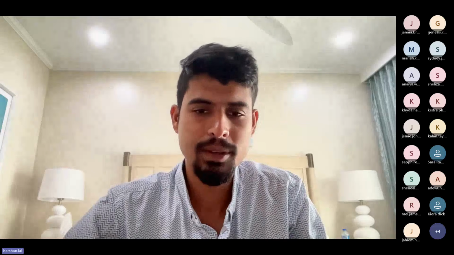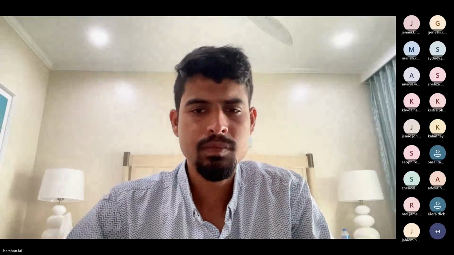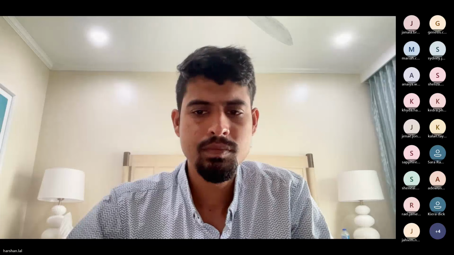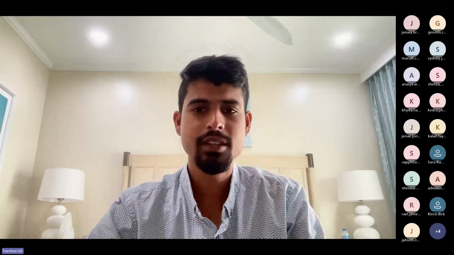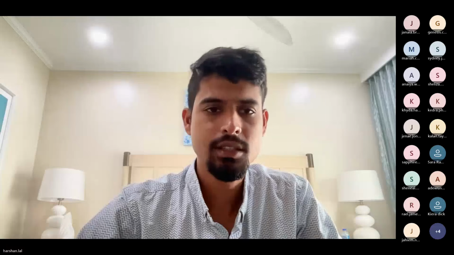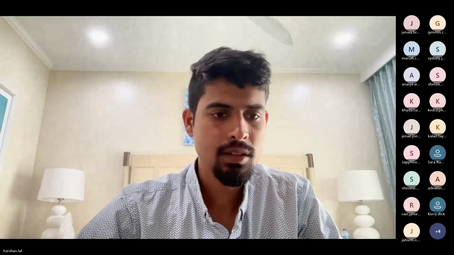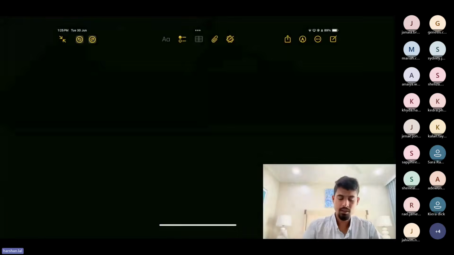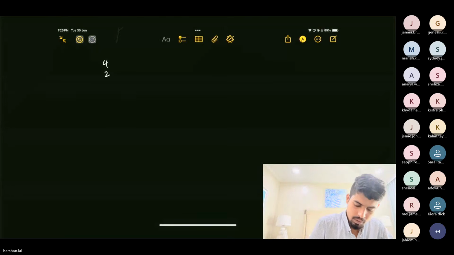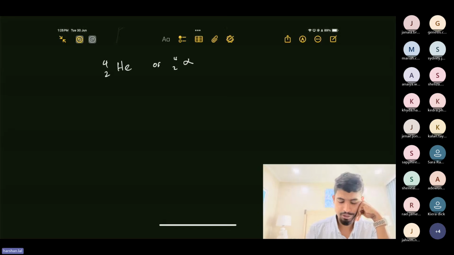What do we write as the mass number and the proton number? Right. So you can write it like this. So you could write an alpha particle like this.